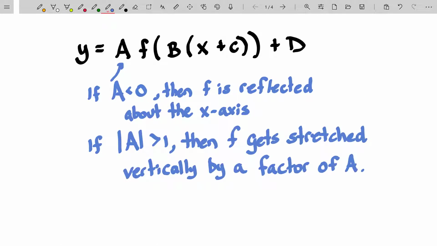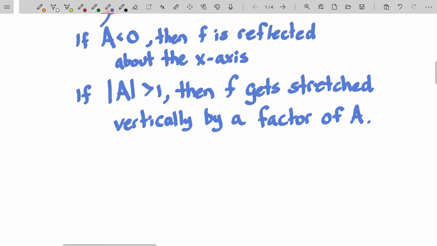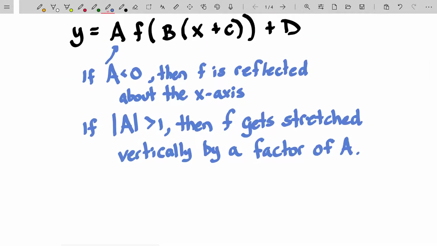Notice here I say if the absolute value of A is greater than 1. Because if A is negative, we have a reflection about the x-axis. But if in magnitude, the absolute value of A is greater than 1, we're also stretching that function away from the x-axis in the vertical direction.